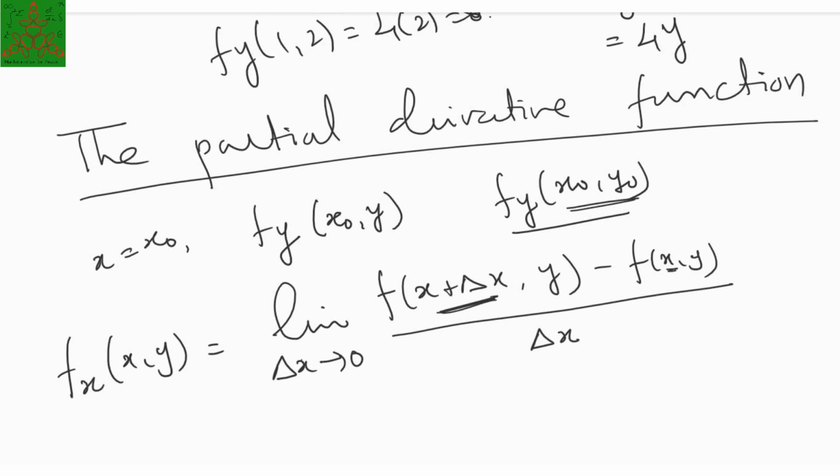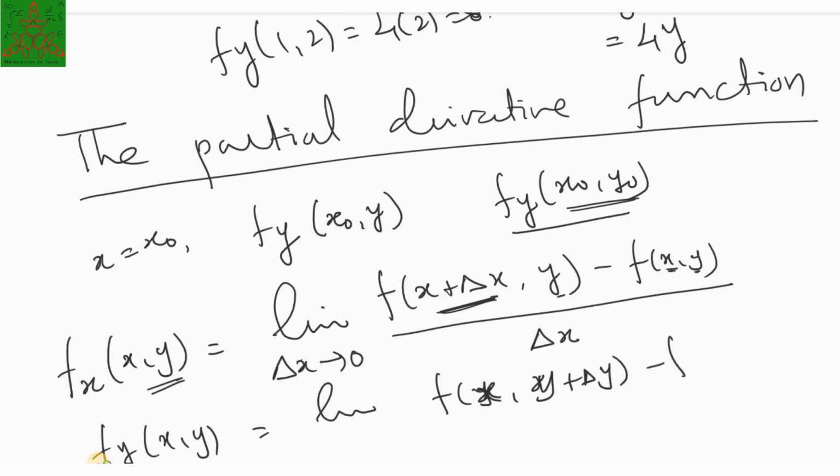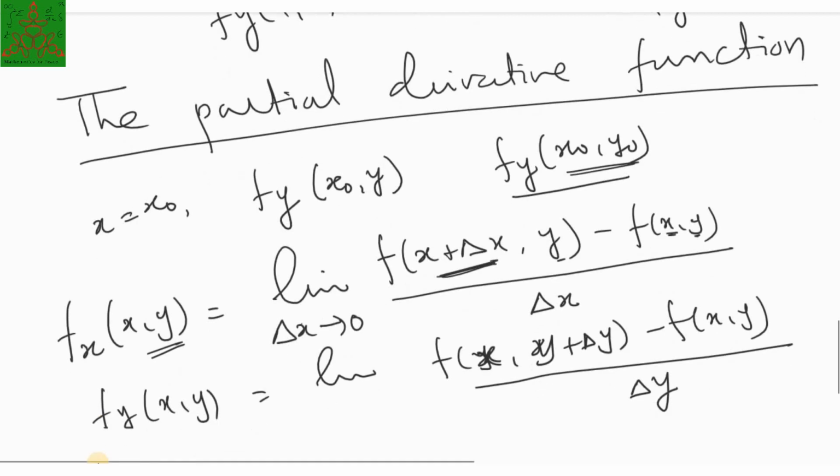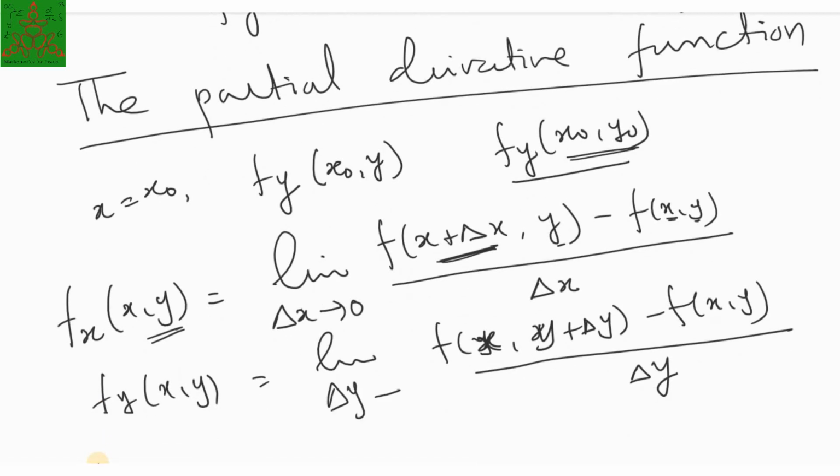We are changing x, keeping y as a constant, but now it is a function of x, y. For any point you can calculate this, and fy at point x, y will be the limit of f of x comma y plus delta y minus f of x, y upon delta y as delta y tends to 0.